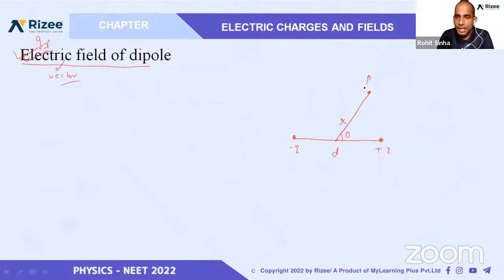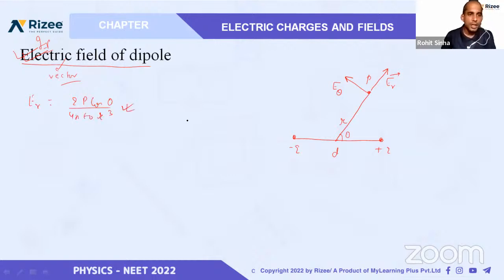So we will find the electric field first in this direction, and we will call it E_r, the electric field in the r direction. And we will find it in this direction, and we will call it E theta, along the direction of theta. So here, E_r is equal to 2p cos theta by 4 pi epsilon naught r cube.